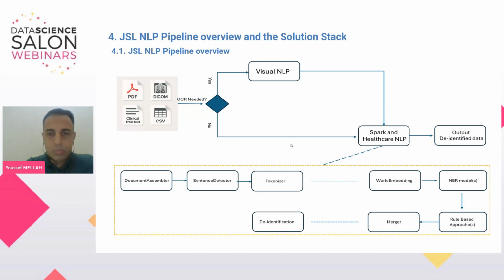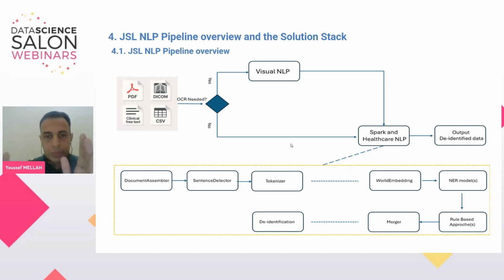Here we have a zoom at the bottom. As you can see, we have a zoom of the stages that we can build and customize regarding the Spark and healthcare NLP pipeline. The first stage is the document assembler that takes the text. After that, we have the sentence detector that detects the sentences from the document.